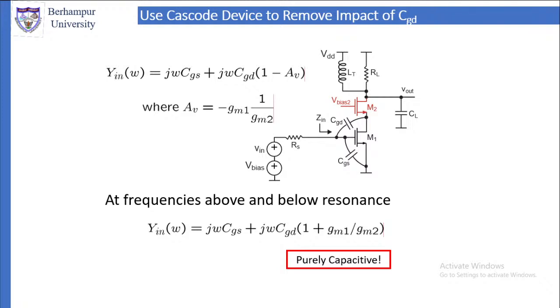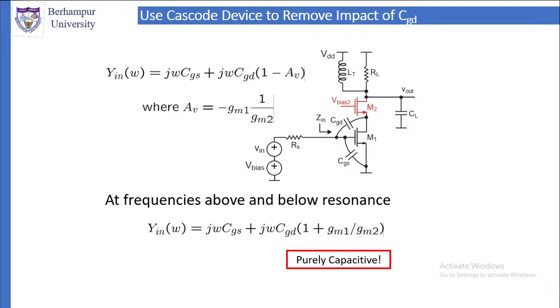Once you go for cascoding, AV is equal to minus GM1 into 1 by GM2. That also we have seen when we discussed cascoding the first time. So how does that come?